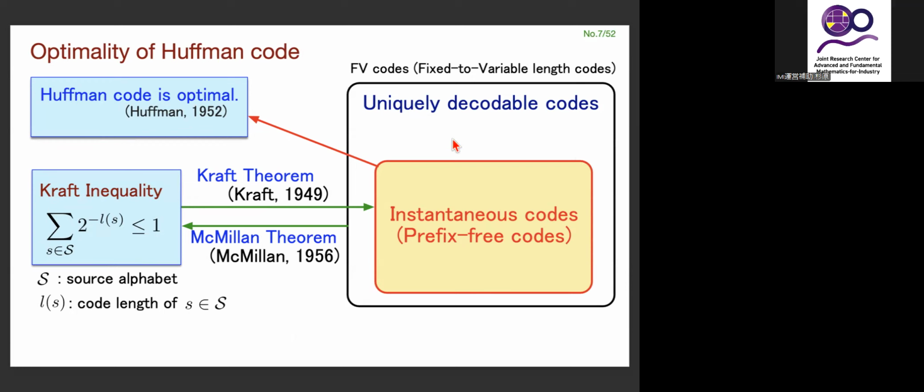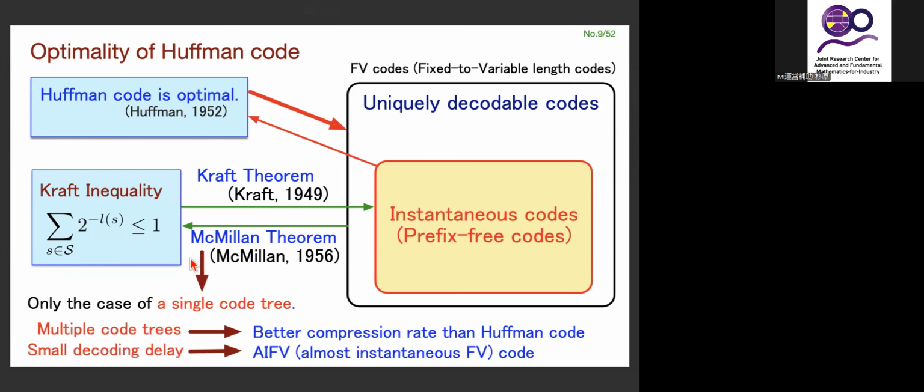Therefore, if an optimal code exists outside of the class of instantaneous codes, then from these theorems, there exists an instantaneous code that has the same code length as the optimal code. Therefore, we can conclude that the Huffman code is optimal in the class of uniquely decodable codes.